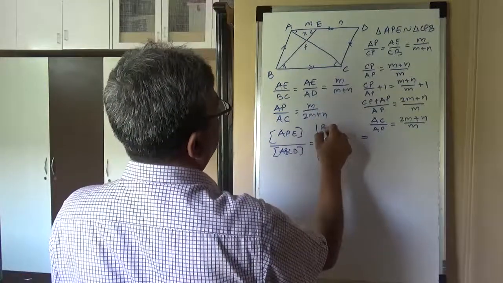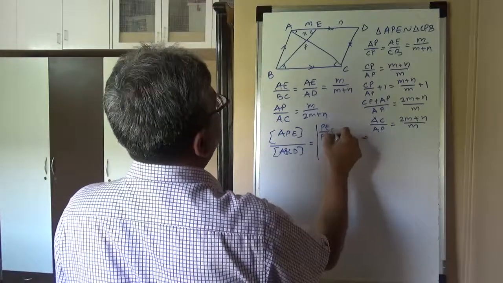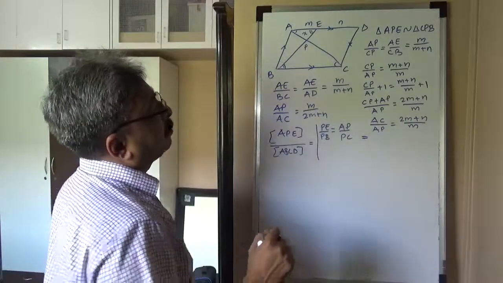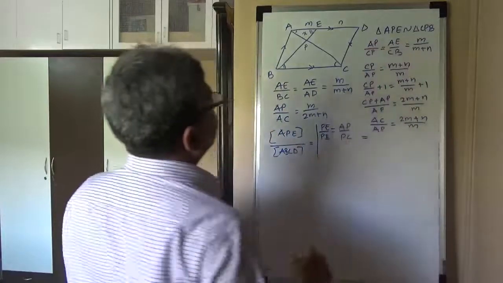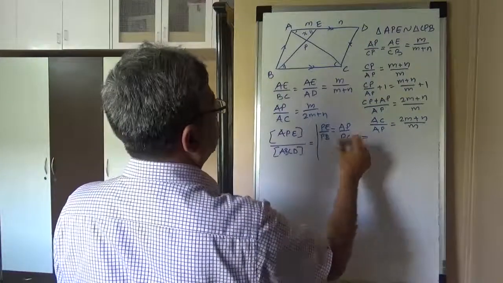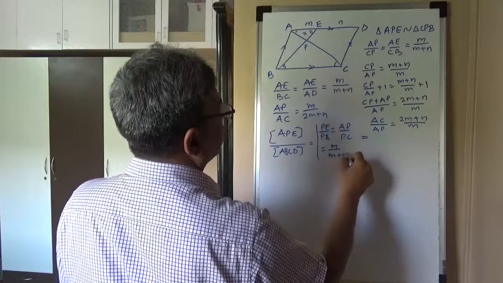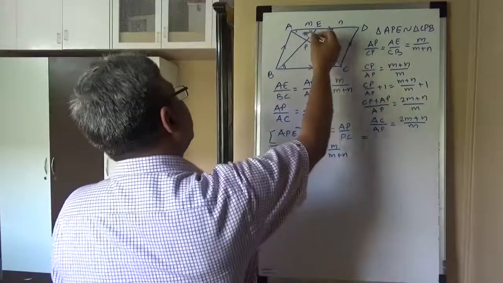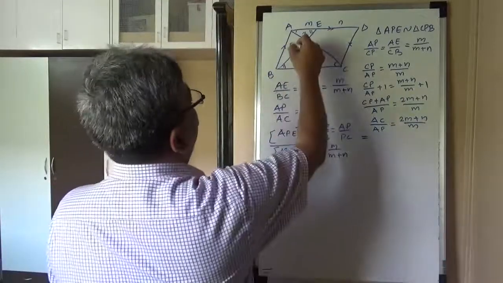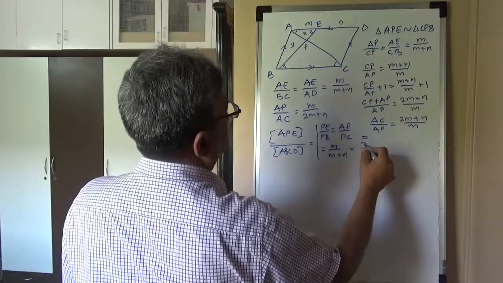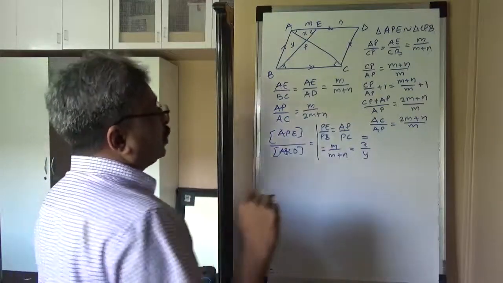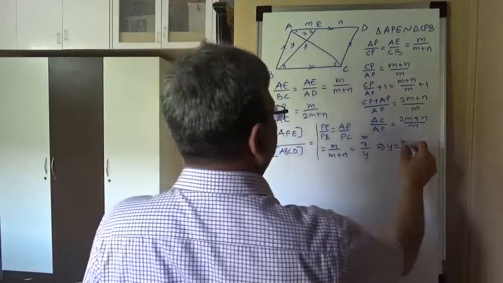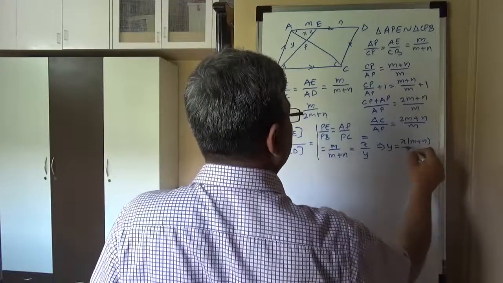PE upon PB, the third ratio, is AP upon PC, which is equal to M upon M plus N. So PE upon PB is M upon M plus N, and if this area is X, this area Y also will be such that X upon Y is that ratio. So Y is equal to X into M plus N upon M.